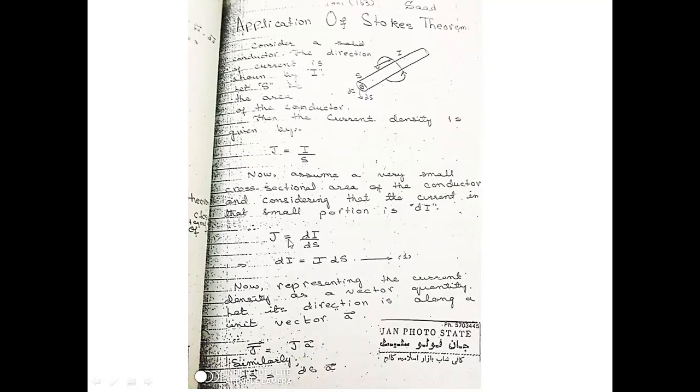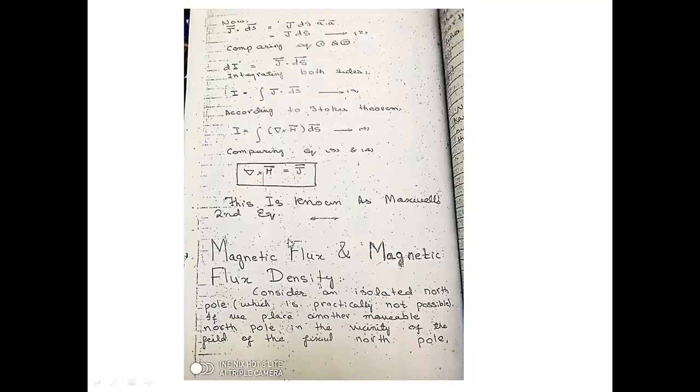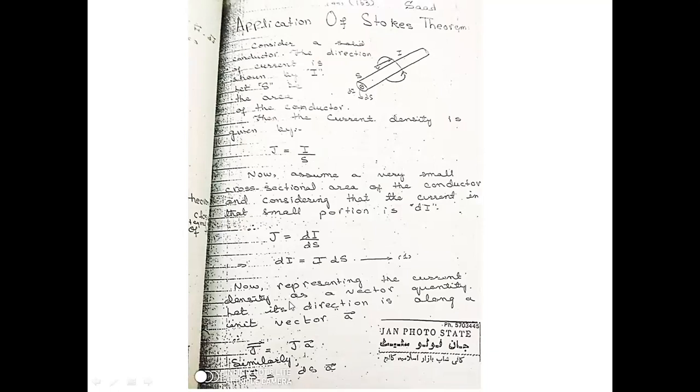So according to the definition of the current density, for the differential case, J is equal to di over ds. It means di is equal to J ds. This is equation number 1.